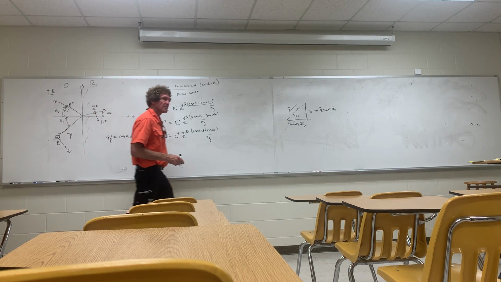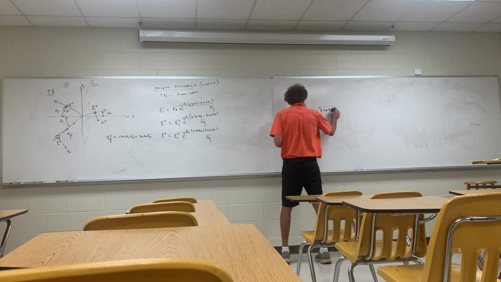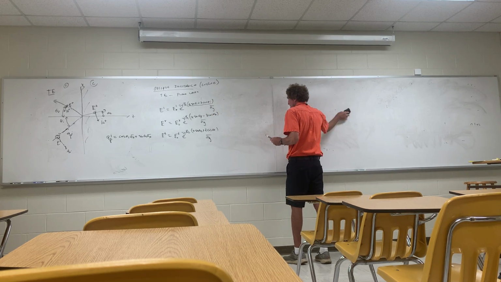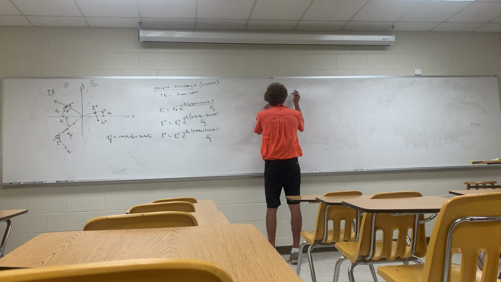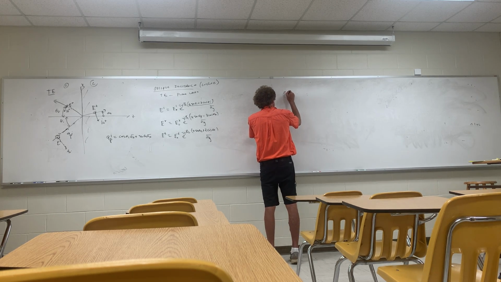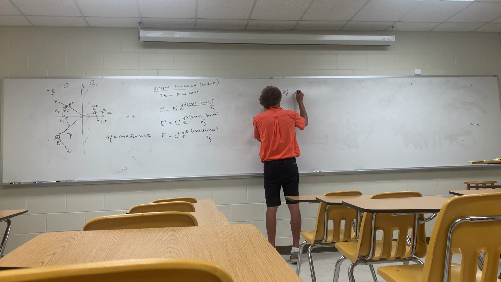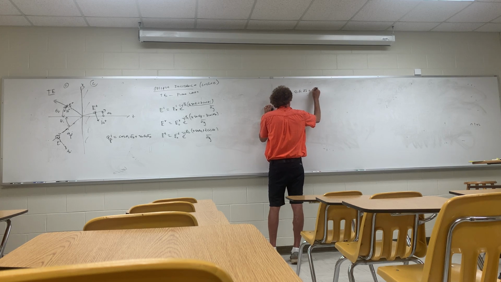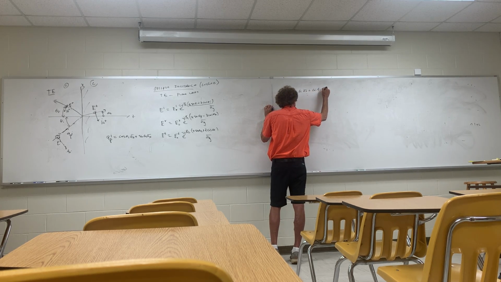This will bother you a little at first, but you're going to see that it makes perfect sense. This is a unit vector in the direction of propagation: sine of theta incident a_x plus cosine of theta incident a_z.